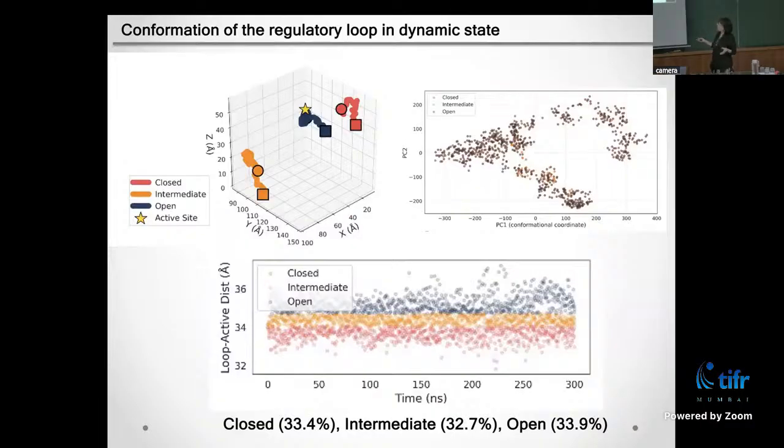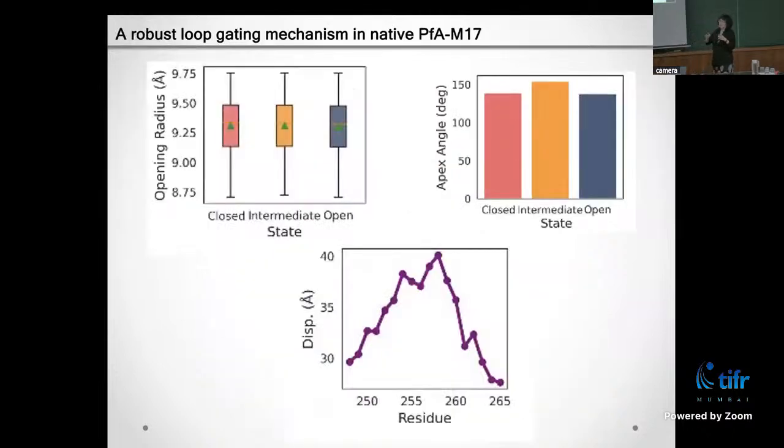About, again, 33% of the time it is in an intermediate stage where it's slightly moved away, and then completely open, again, about 34% of the time. So there appears to be quite a lot of interconversion between these states.